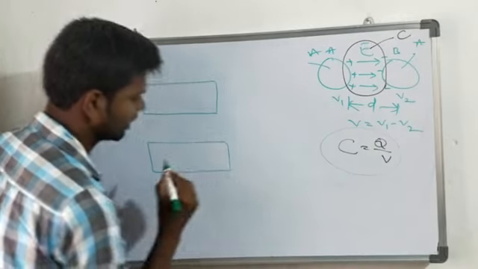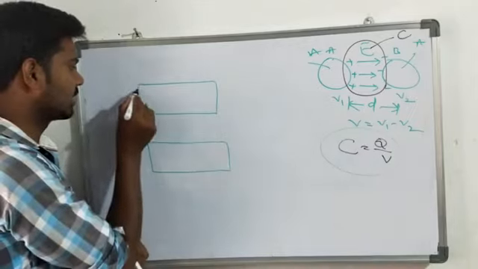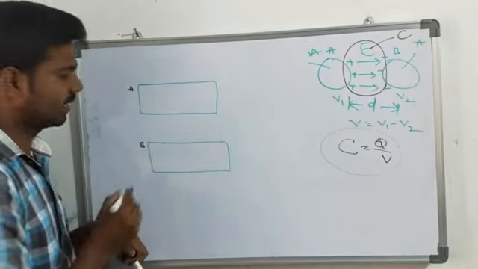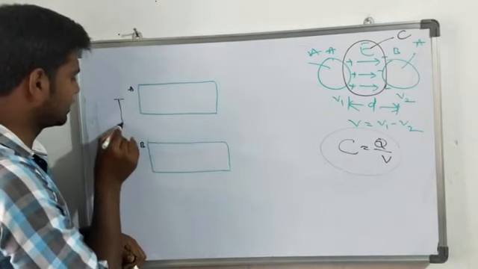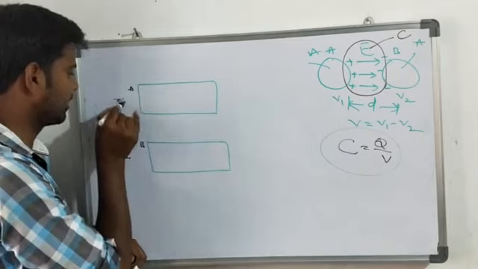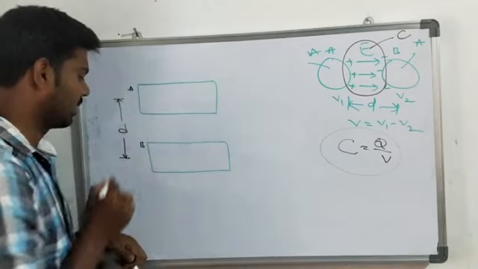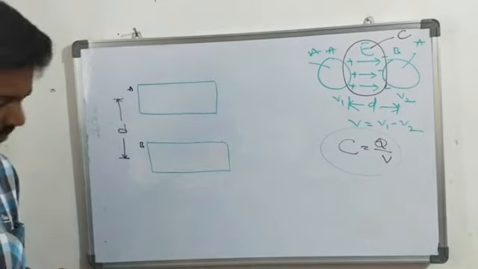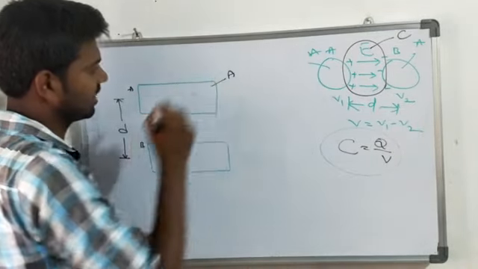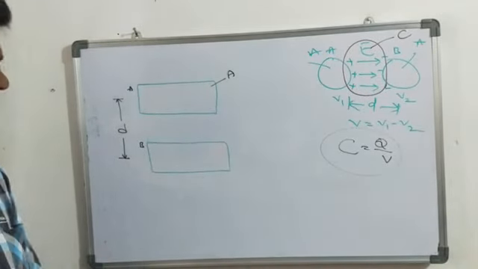This is called conductor A and this is called conductor B, and the separation distance between the two conductors is D. Each conductor has area of cross section A.